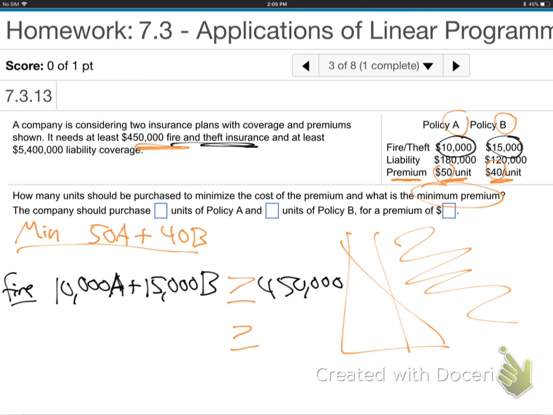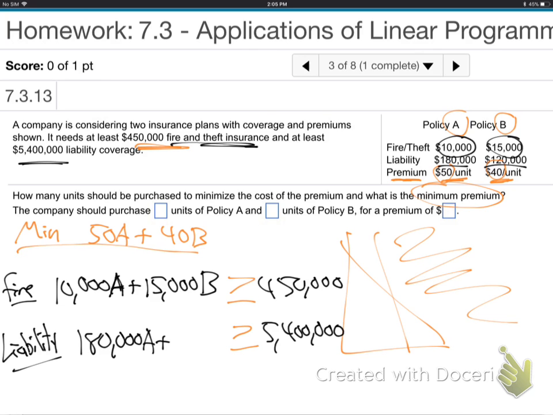And then the second one, 5,400,000, and that's liability. And then you grab the liability numbers: 180,000 A and 120,000 B. Good? There's our setup. We're ready to put them in the calculator.